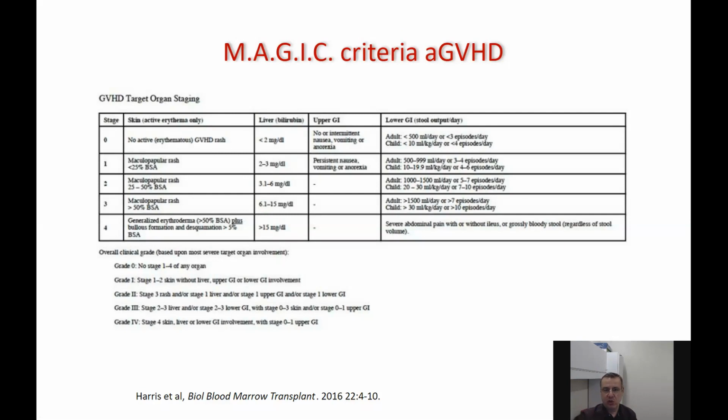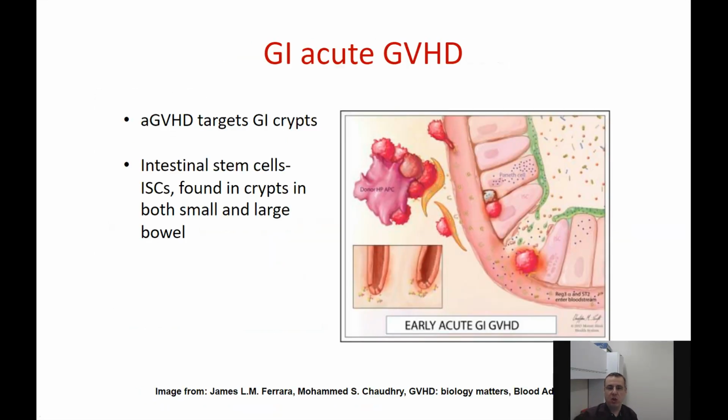Because of this interest in clinical trials and the standardization of acute GVHD criteria, they've modified the acute GVHD criteria a bit to include things like upper GI GVHD, for instance, and also they've modified how lower GI GVHD is being assessed. All this is in the context of incorporating these criteria into the clinical trials that are derived from this consortium.